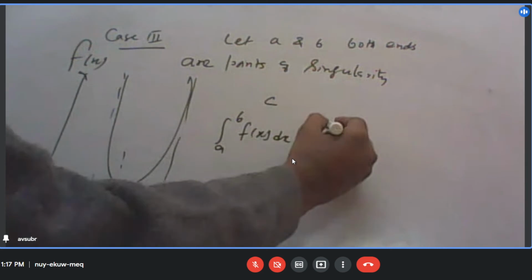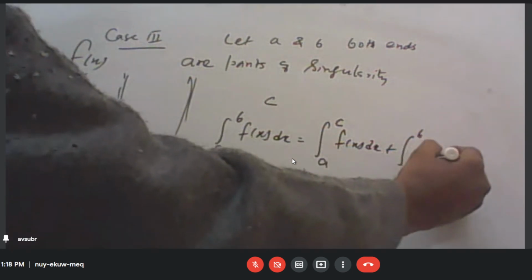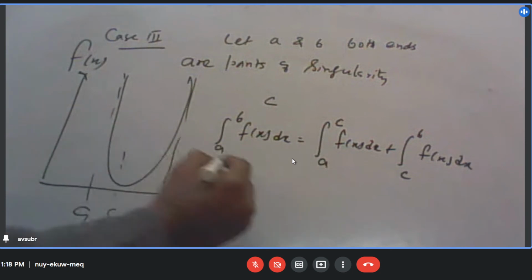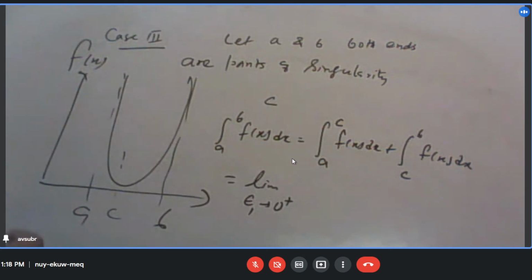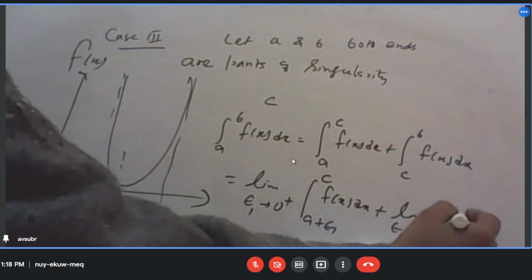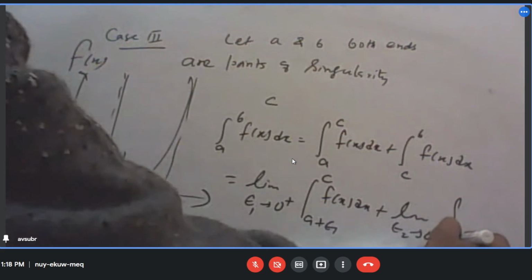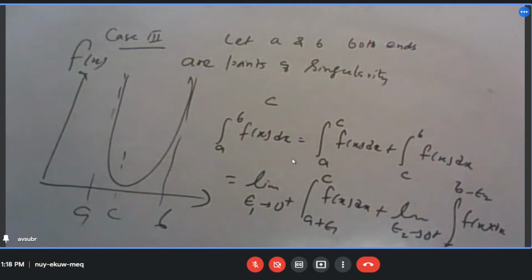We go from A to C and then C to B. I can write it as limit epsilon 1 goes to 0, integral from A plus epsilon 1 to C, plus limit epsilon 2 goes to 0, integral from C to B minus epsilon 2, provided both these integrals exist, or provided both the limits exist.